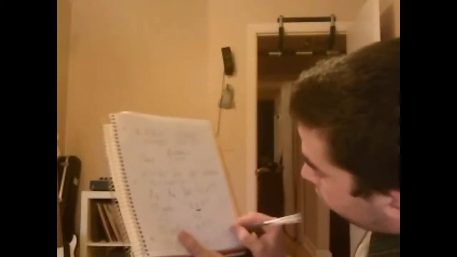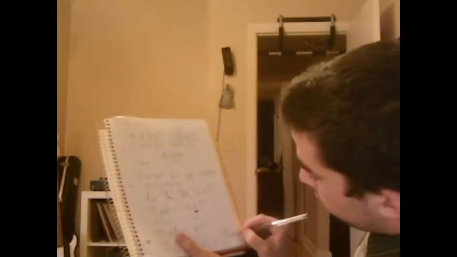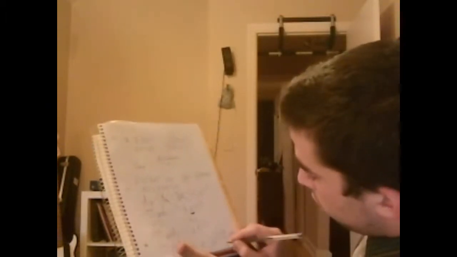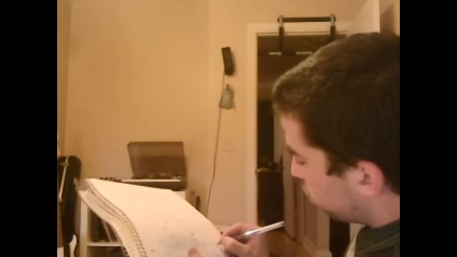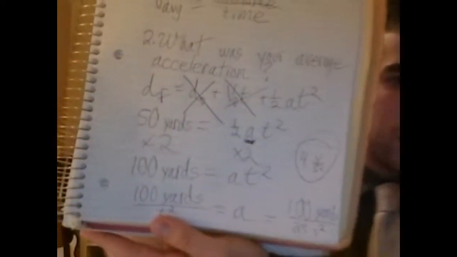I said that my t is 5, so I get 100 yards over 25 seconds squared gives me 4 yards per second squared. That is my hypothetical answer if I were running that quickly. Now, you will of course be using calculators, so you won't have to use hypothetical numbers. Just plug in whatever number you're using and get your answer and show your work. That's what I'm grading you on.